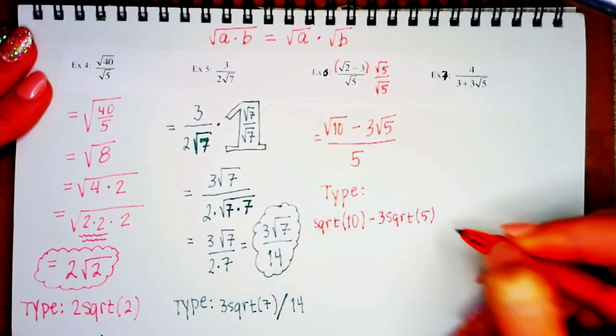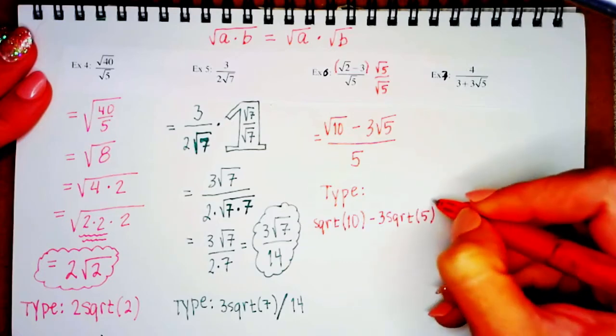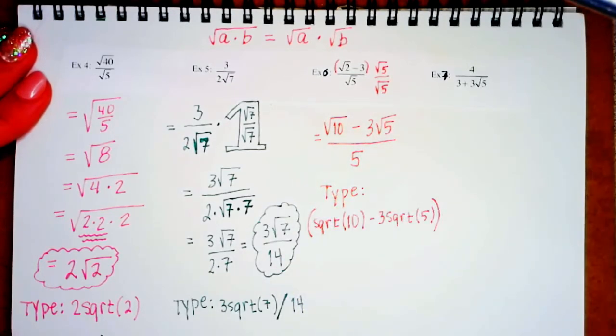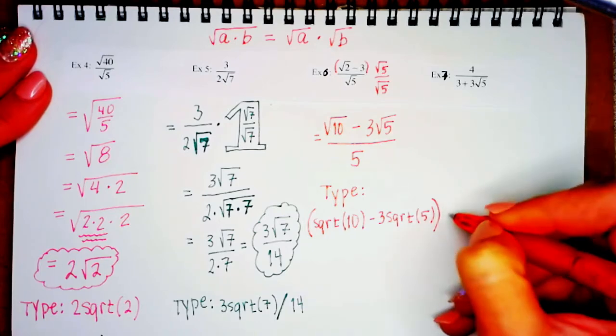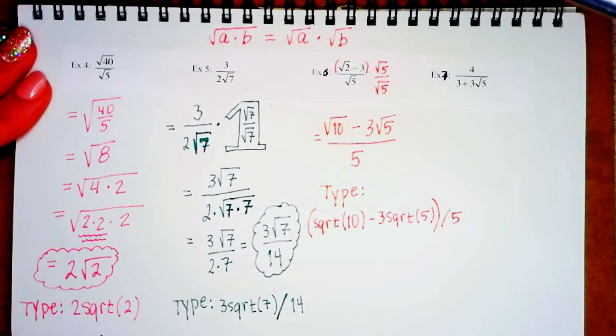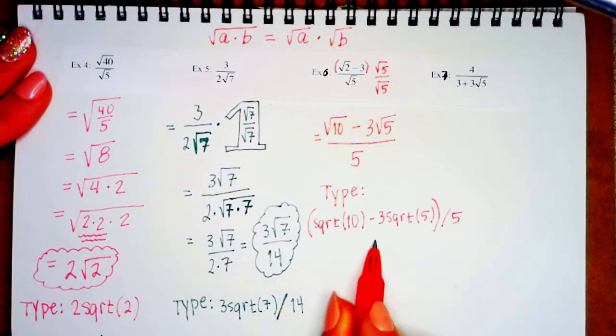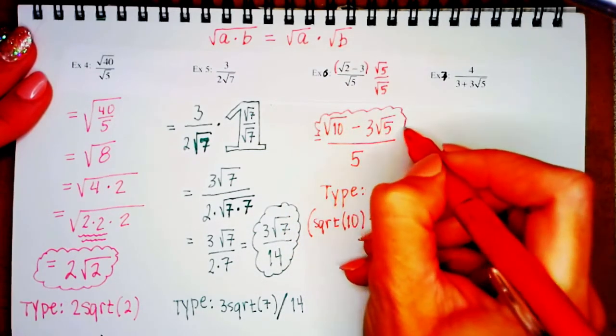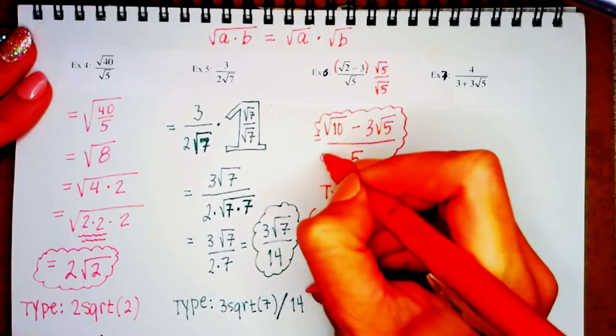Now that's the numerator if it was on its own. Since it's all dividing, it actually needs a parenthesis around the entire thing, slash 5. And we don't need that parenthesis around the denominator because it's only one term. So the way you would type your answer is just like that. But when you write your answer, this is perfectly acceptable.